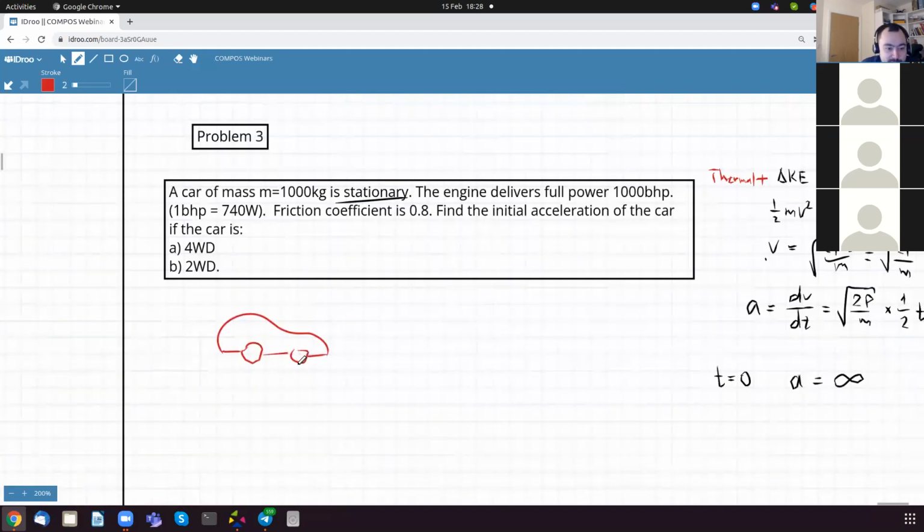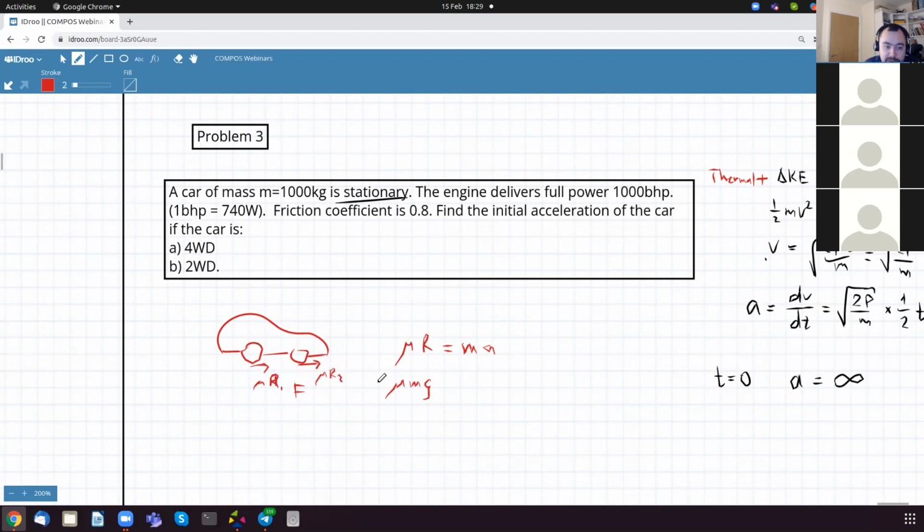If the four wheels are driving, the friction force, mu times R, equals mass times acceleration. And mu R is mu mg. So the only force driving the car forward is the friction force, which would be mu R1 plus mu R2, of course.